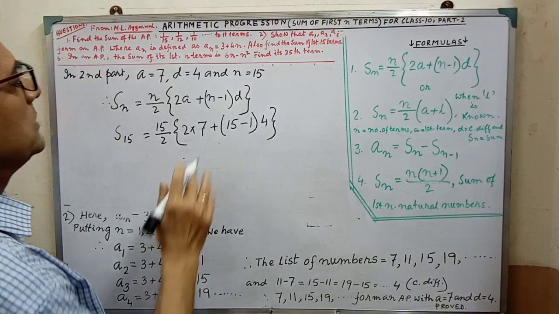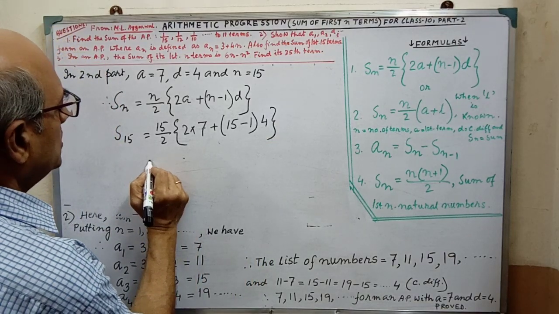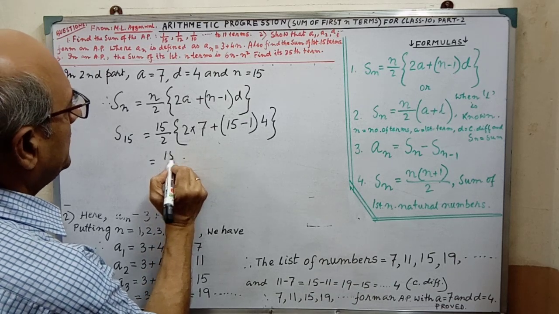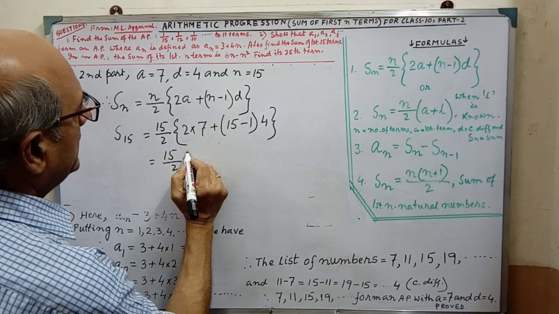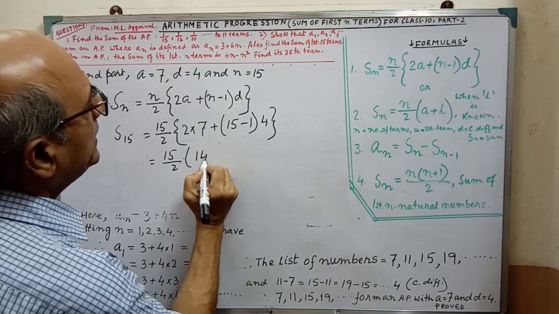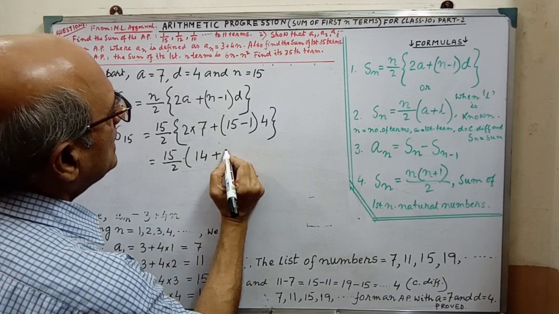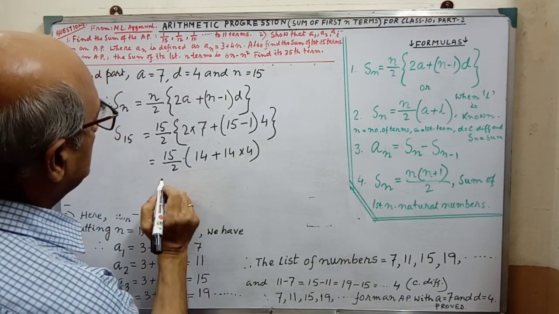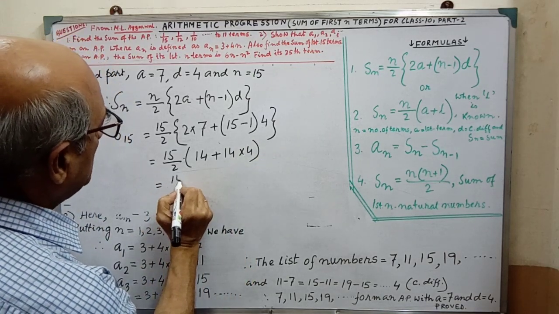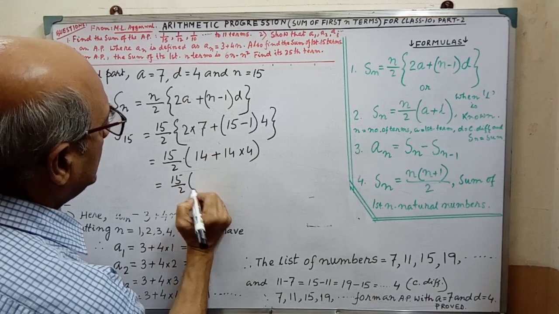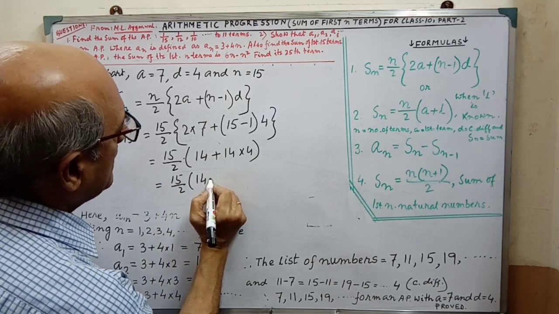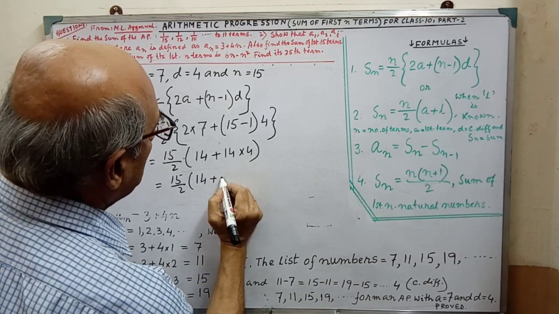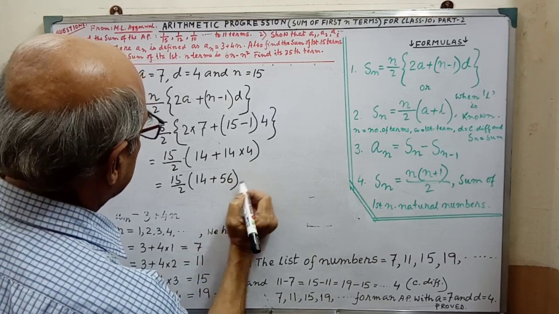After writing the formula, you have to put the values. After putting, we have to simplify. So 15 by 2 into 14 plus 14 into 4, this. Then 15 by 2 into 14 plus, that is 56.